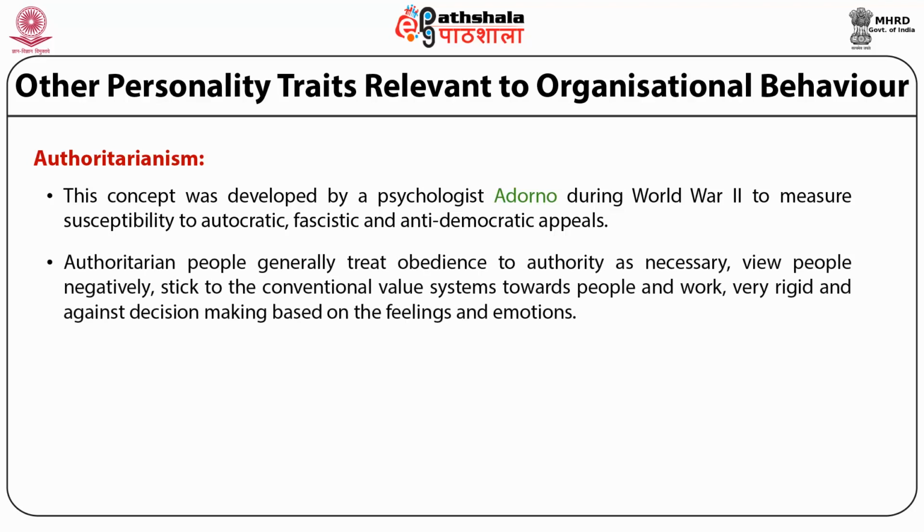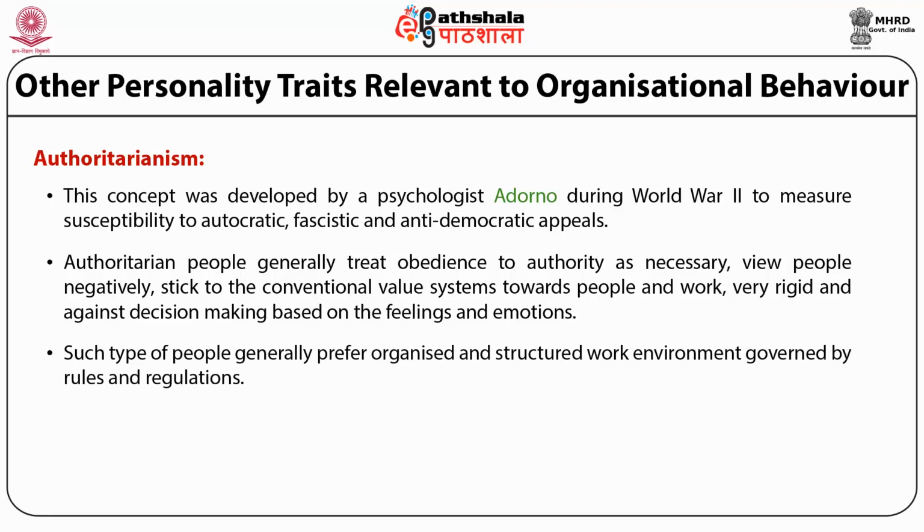Authoritarian people generally treat obedience to authority as necessary. They view people negatively. They usually stick to the conventional value systems toward people and work. Authoritarians are very rigid and against decision making based on feelings and emotions.